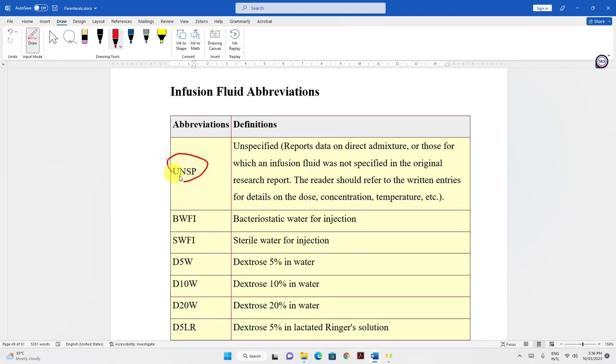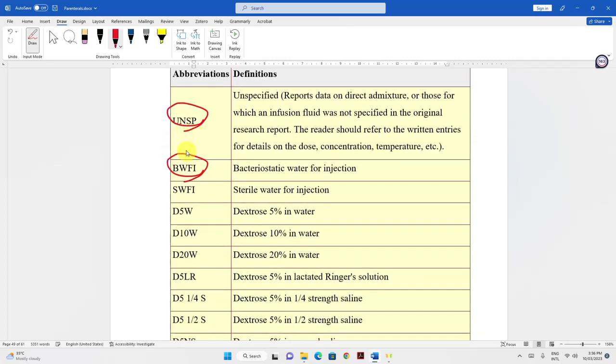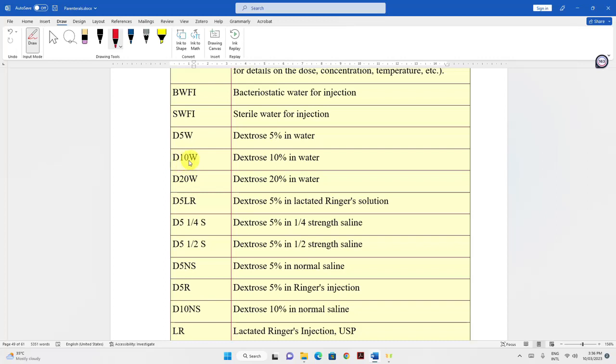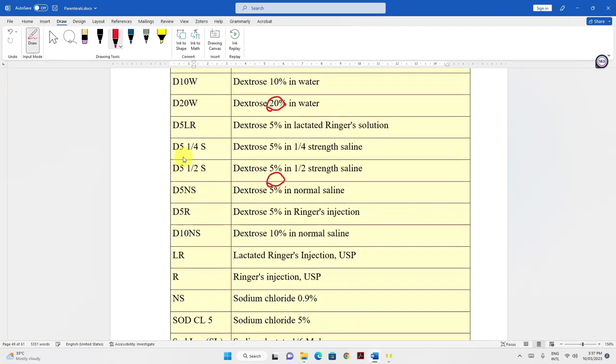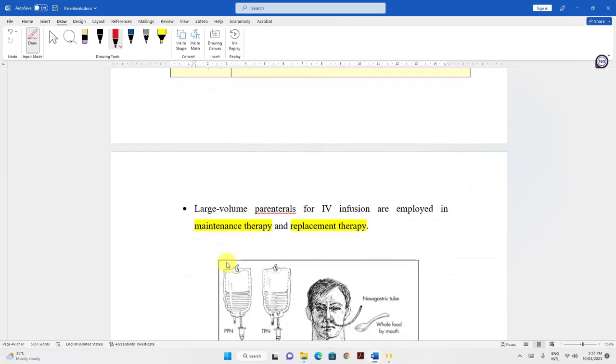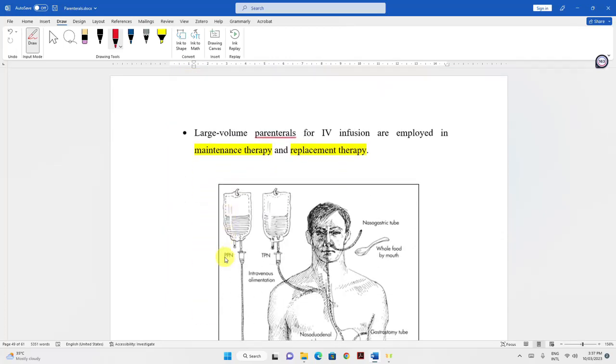There are other abbreviations you need to memorize, like unspecified, bacteriostatic water for injection, sterile water for injection, dextrose 5% in water, dextrose 10% in water, 20%. 20% is considered a high concentration. Then dextrose 5% in LR. You remember LR, lactated Ringer's solution, and so on. Okay, you need to memorize all these abbreviations.